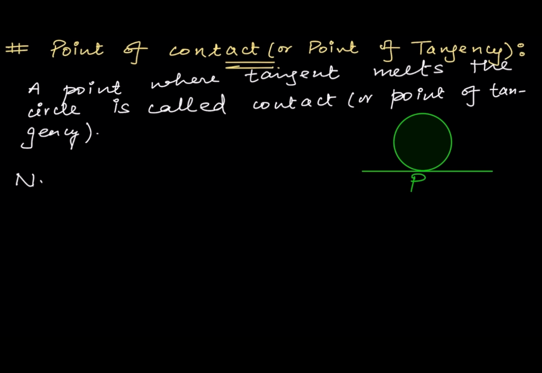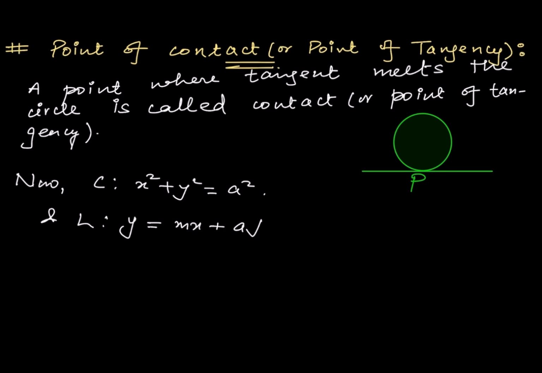Now let us consider a circle x square plus y square is equal to a square, and a tangent y is equal to mx plus a times root over 1 plus m square.